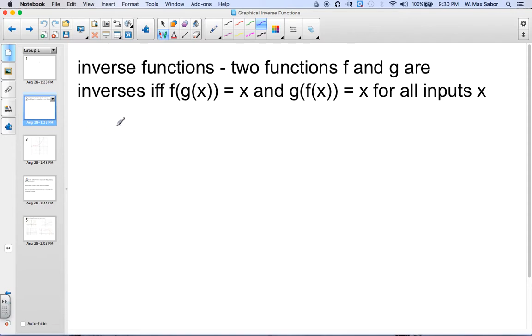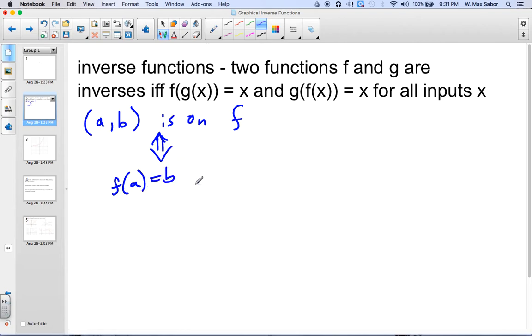I'd like to show you a bunch of statements that, if f and g are inverses, are all the same thing. If I say a comma b is on f, then that's the same thing as saying that f of a equals b.